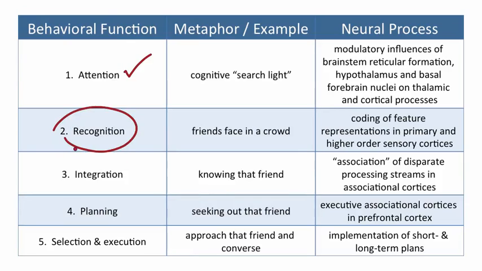Another is recognition. And so by recognition, what I might imagine is being out in a crowd, perhaps in the marketplace or the town square or in a busy retail district, and you suddenly recognize the face of a friend in the crowd. Well, that moment of recognition is the result of a sensory processing stream.